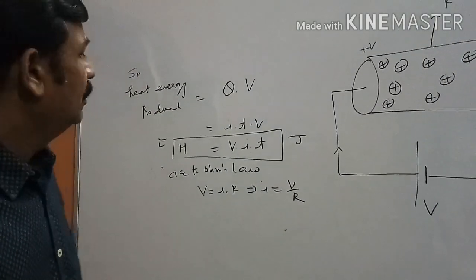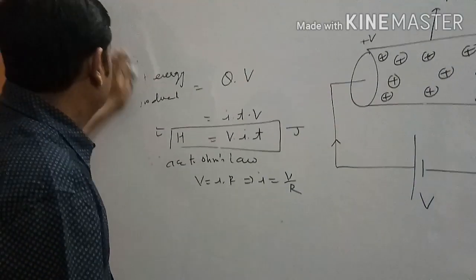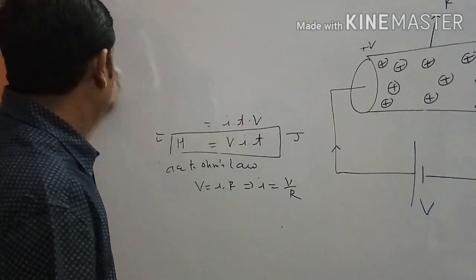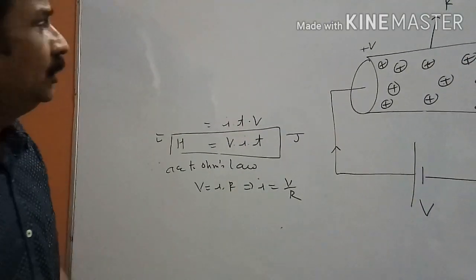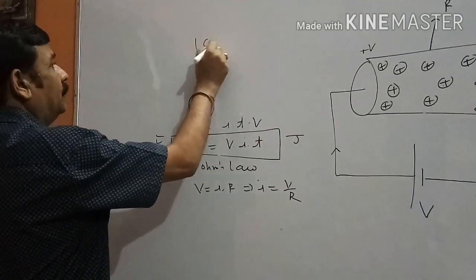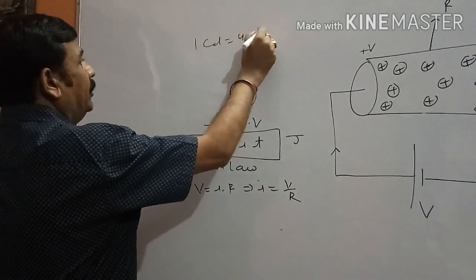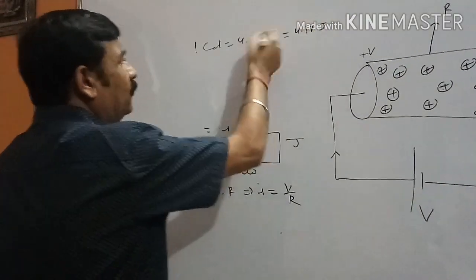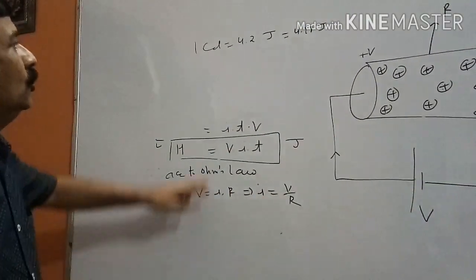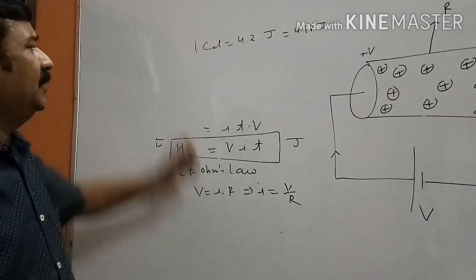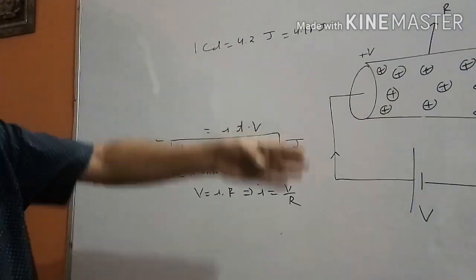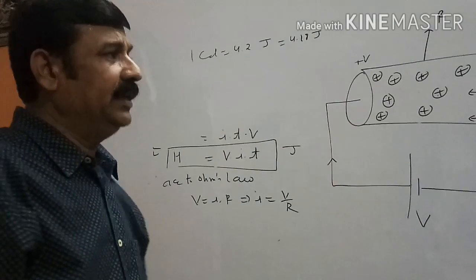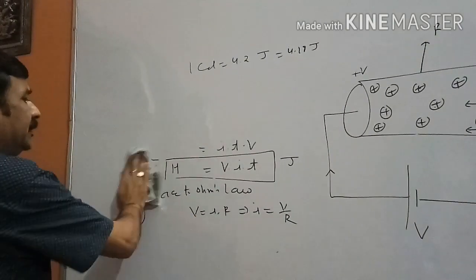Now sometimes in the numerical they ask to calculate energy in calorie, and we know 1 calorie is equal to 4.2 joule approximately. Exactly it is 4.18 joule, but approximately we write 4.2 joule. So 1 joule will be 1 calorie upon 4.2. If we divide these relations by 4.2, we get all the expressions for heat energy in calorie.